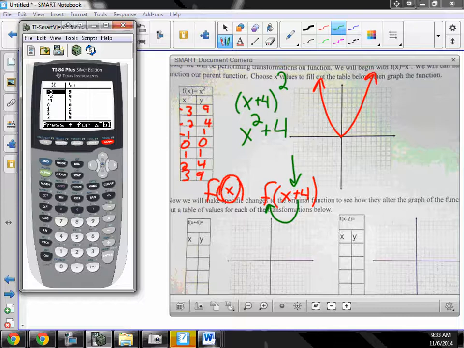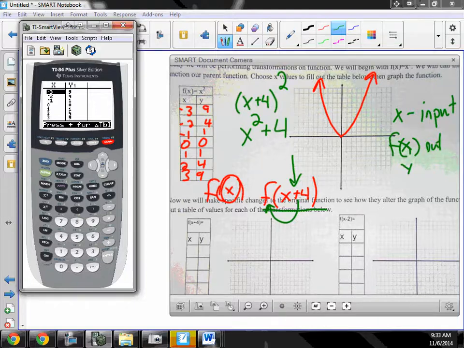The instructions here, well, remember, x is an input, and f of x is an output, also known as a y value. So we can either change the x's before we plug them in, or we can plug in x's and then change the f of x's, or the y values, after the squared has been calculated.